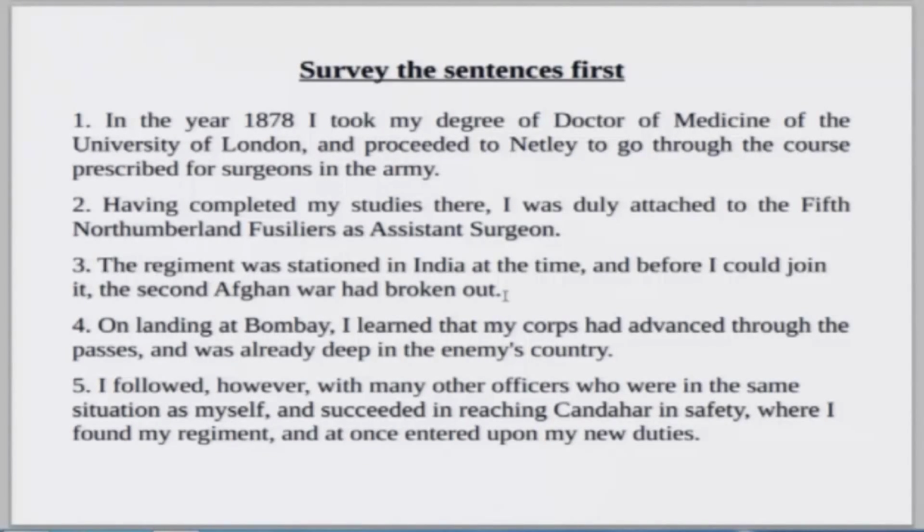And there is a third clause which is making it mixed. I could join it. Okay. These 3 are the clauses. So, I could join it is a subordinate clause which is operating as an adverb to this one, had broken out. So, this is providing the time of that.